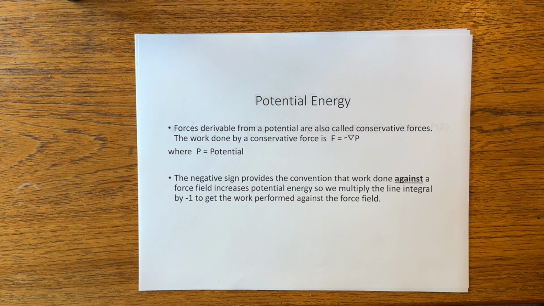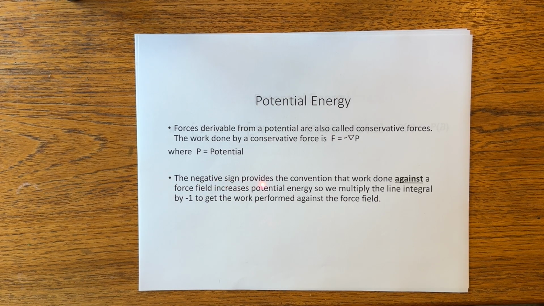But first, once again, the definition of potential energy. Forces derivable from a potential are also called conservative forces. So they're path-independent forces. The work done by a conservative force is equal to negative del P, where P is the potential, which is analogous to potential energy.